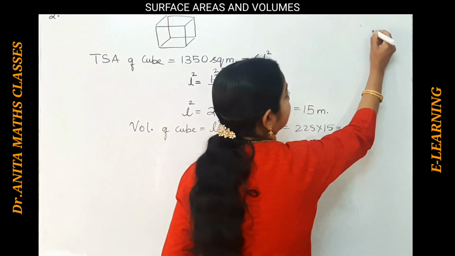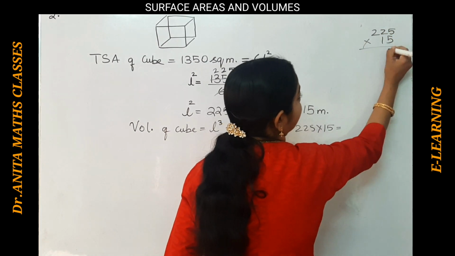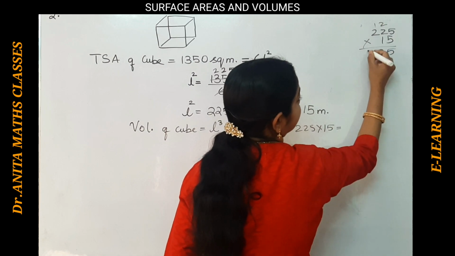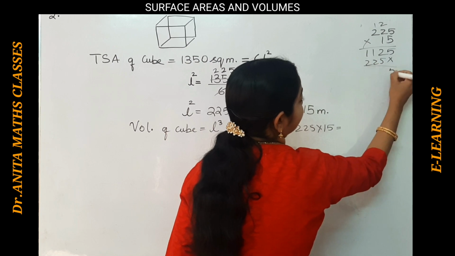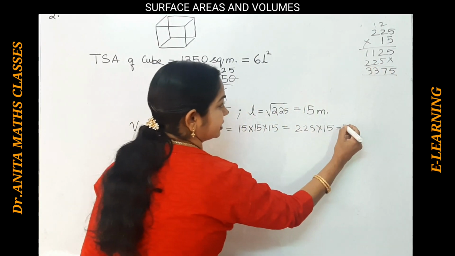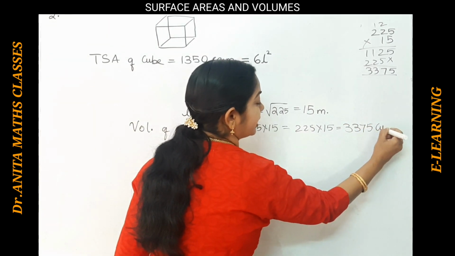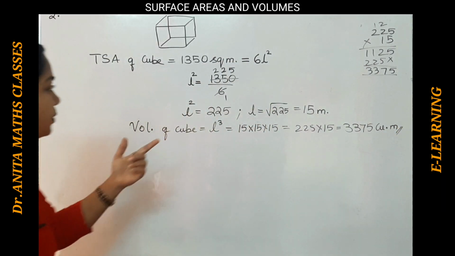Let's check here. 225 and 15. 5 5s 25, 5 2s 10, 12, 5 2s 10, 11. So this is 3375 cubic meters. Right? Since it is volume. Please pause the video and note it down.